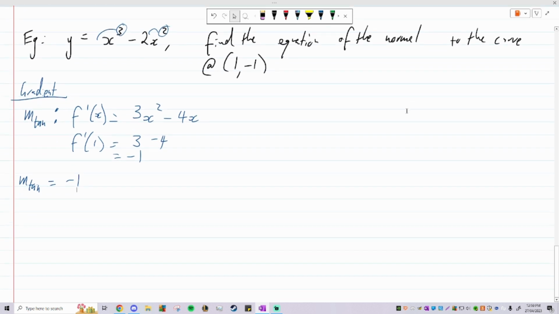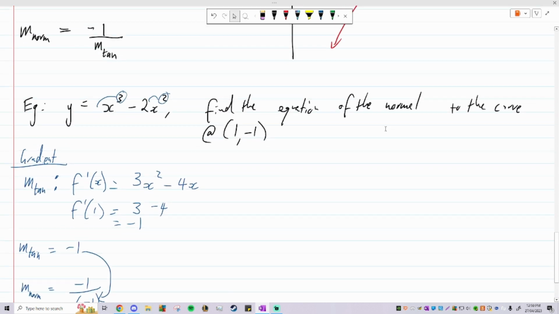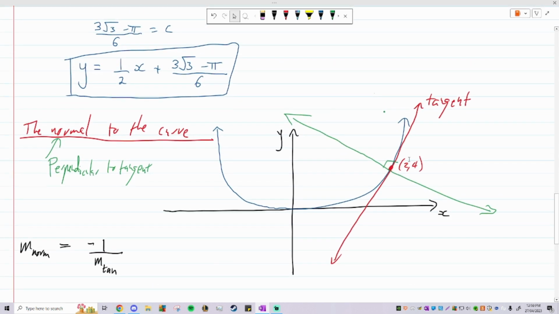But I want to find the equation of the normal. So I'm going to go m normal equals -1 over -1, right? -1 over the gradient of the tangent. And that just gives me +1. So the gradient of the normal is simply +1. Now I'm going to scroll back up to my picture.